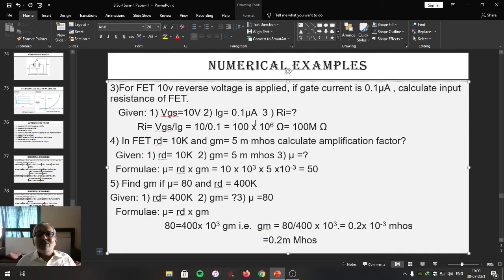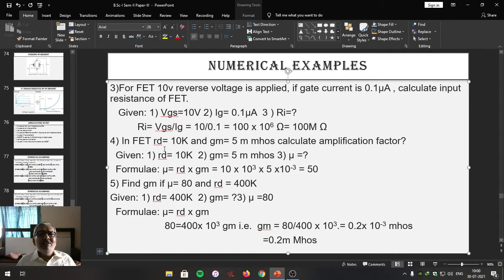That is 10 to 6 ohm means 1 mega ohm. So 100 into 10 to 6 means 100 mega ohm. So this is the input resistance of the FET, provided input voltage and input current are given.